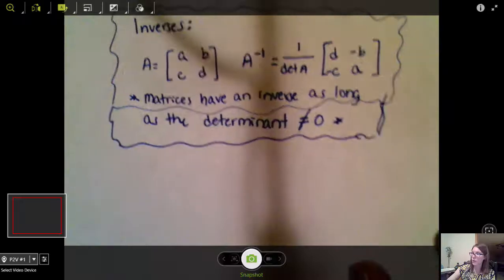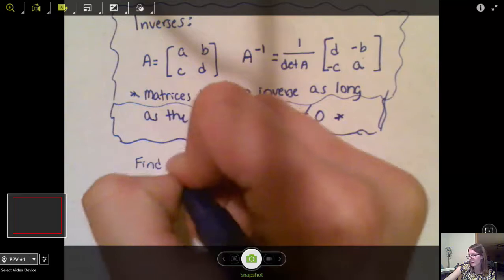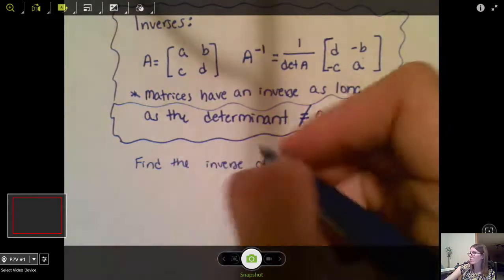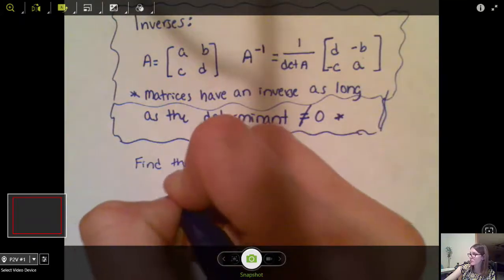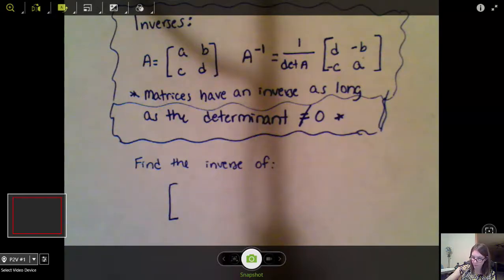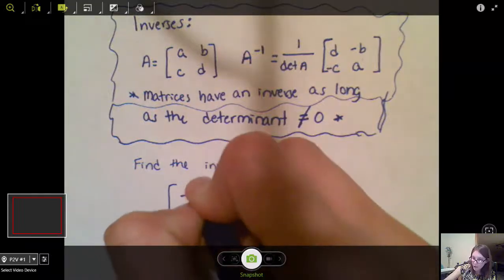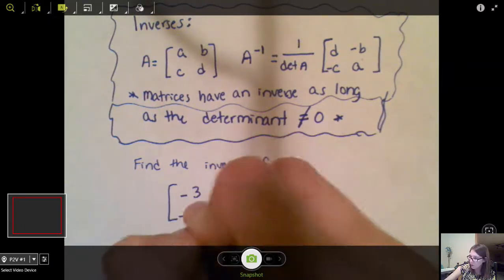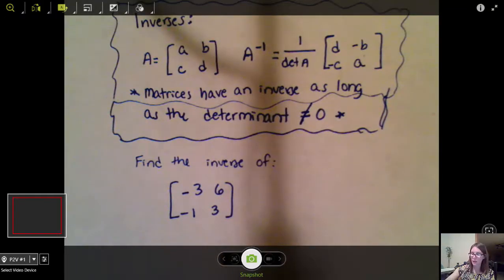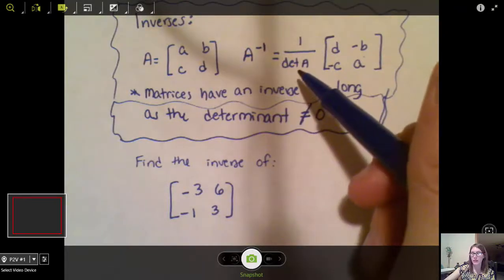All right, so let's start off with finding the inverse of our matrix, -3, 6, -1, 3. Well, in order to find our inverse, we need to know what the determinant is.